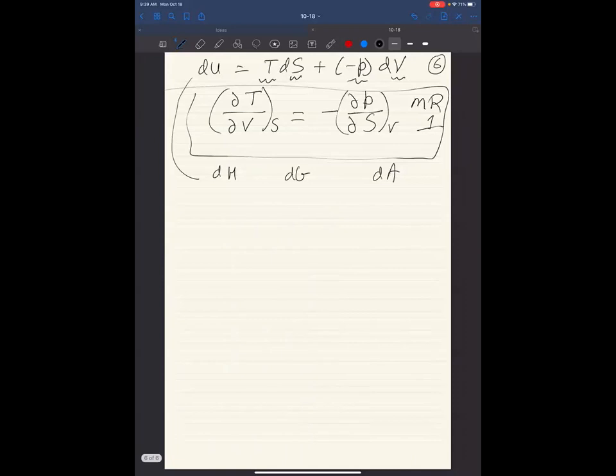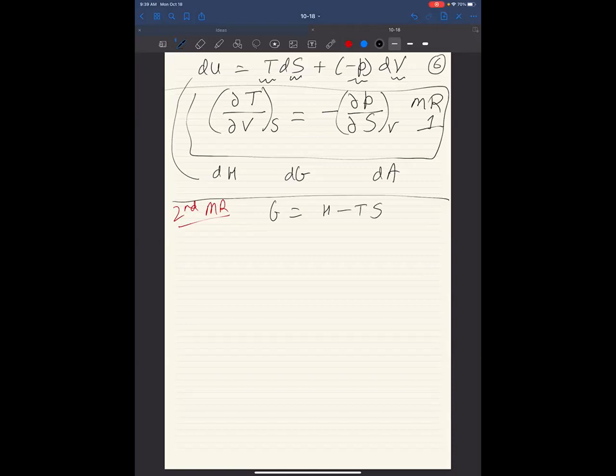Okay, so let's move on to the second one. Let's go to G. Second Maxwell relation. So dG, so we have G. What is the definition of G? H minus Ts.